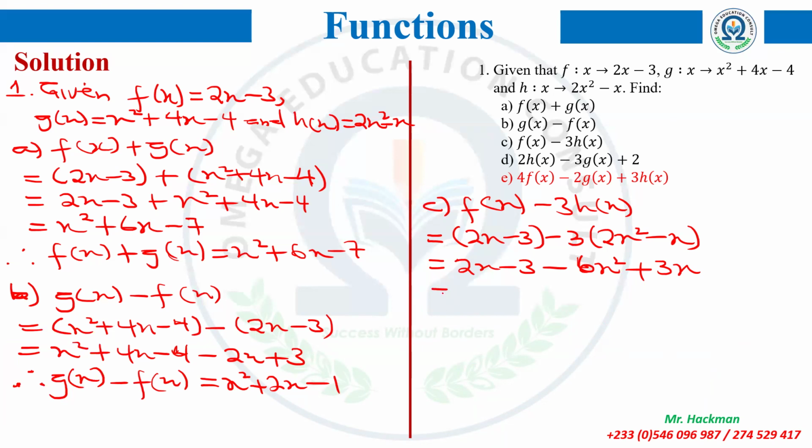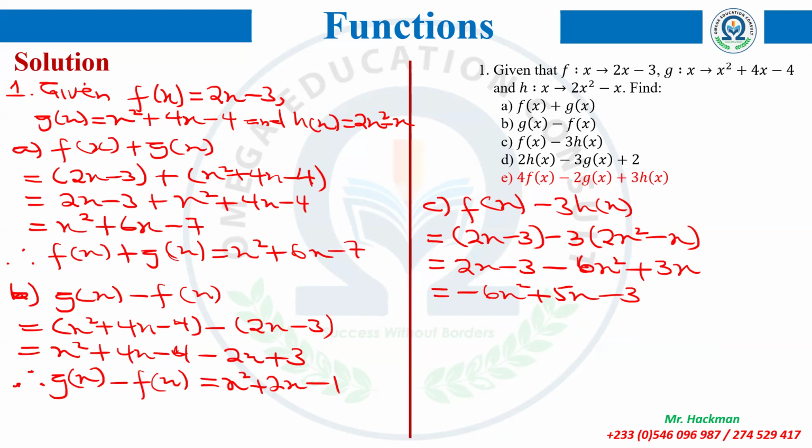So the highest power of x is x squared, with power 2, so it's this term that you write first, followed by your linear term, which will be plus 5x, and then minus 3. Do you agree? Are you with me? Okay, very good.